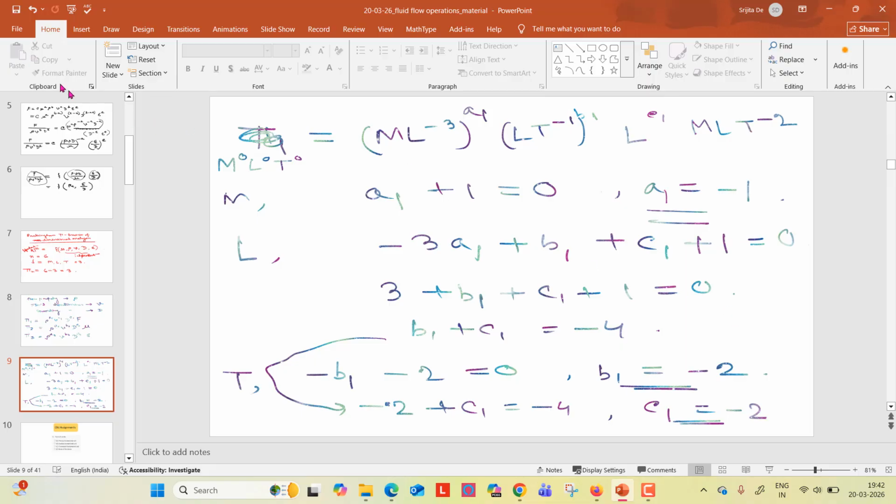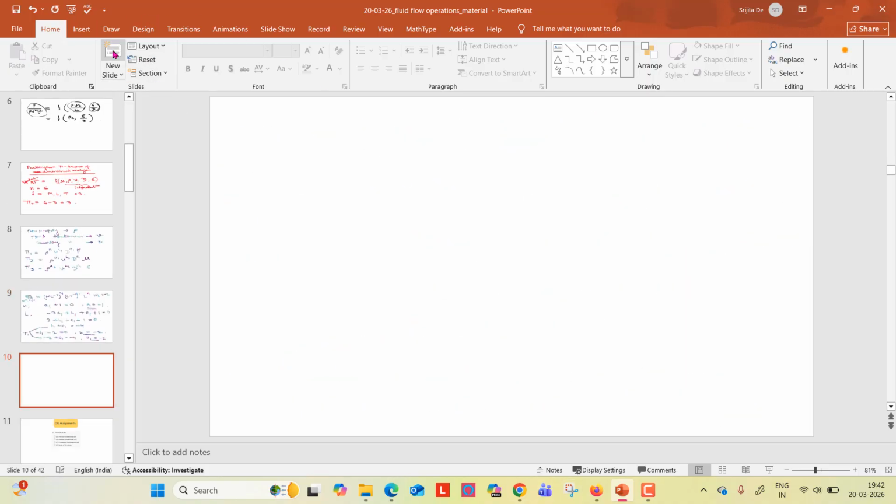Now we can put this. Now your pi1 will be, right? So f was there. First one was rho to the power a1, that means rho to the power -1. That is why I have written it in the denominator.